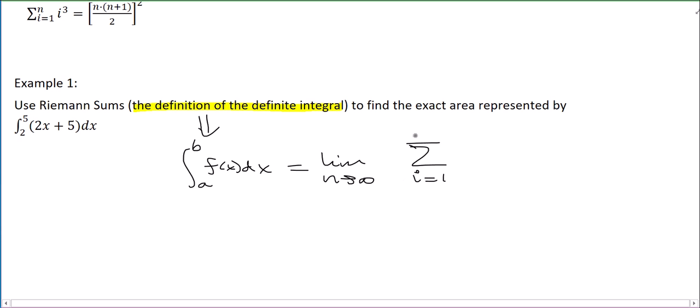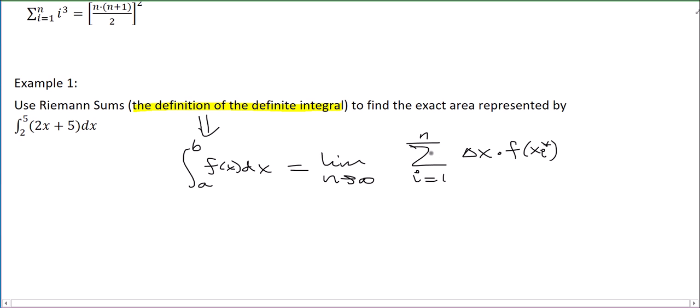So it's the sum from i equals 1 to n of the area of each rectangle, the base of the rectangle times the height of the rectangle, usually denoted as f of x i star. So that's the base and the height, and then you sum the number of rectangles.